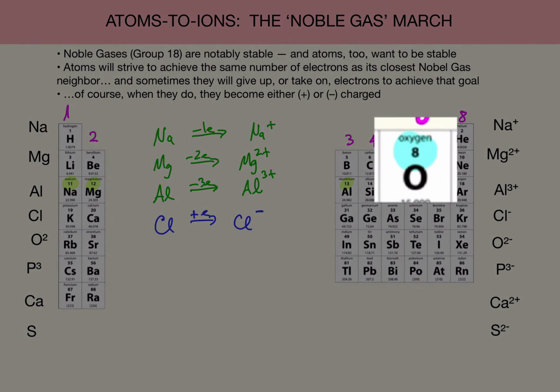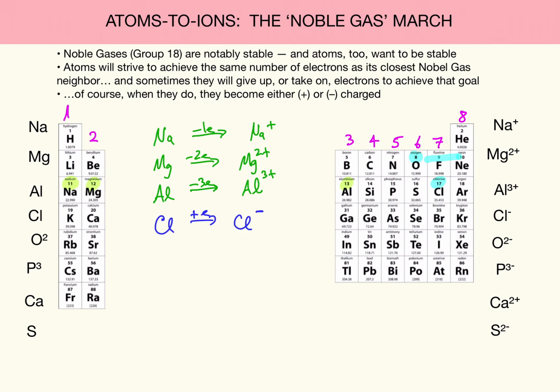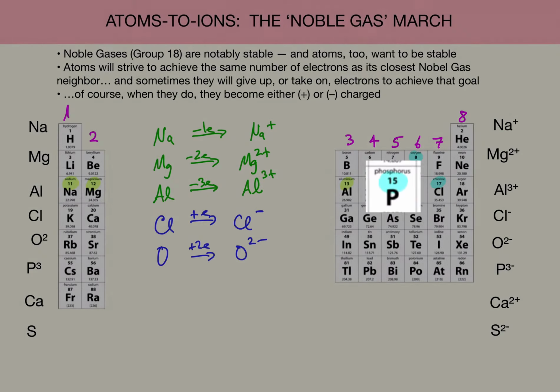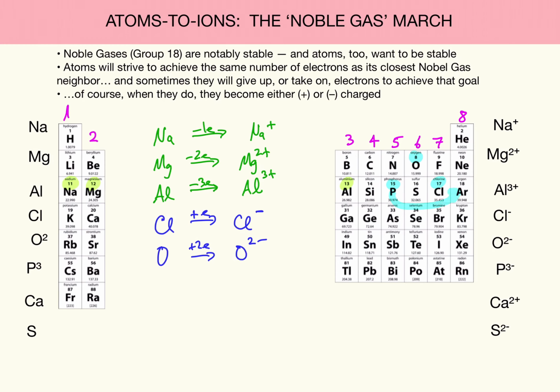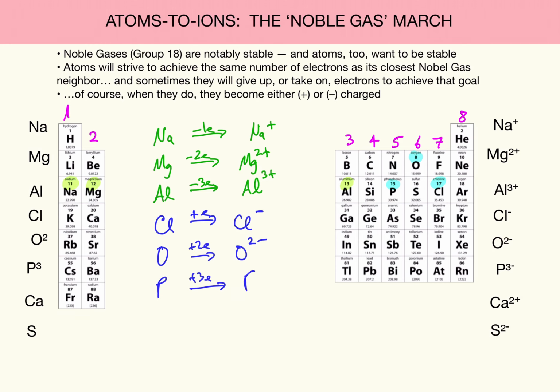Moving down to oxygen. To get to the nearest neighbor, it needs to gain 2 electrons. And so oxygen, when it becomes an ion, will carry a -2 charge. How about phosphorus? It can go to 18 or it can go to 10. Its shortest path is to go to 18 by gaining 3 electrons, and so phosphorus will become a -3.